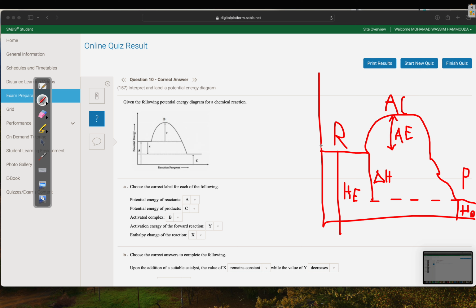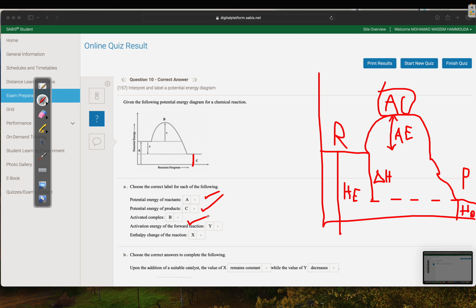So A, as we said, is from the reactants to the bottom. Potential energy of products, as we said, is from the products to the bottom. The activated complex is always going to be at the top. Even if it's endothermic, it's always going to be at the top.